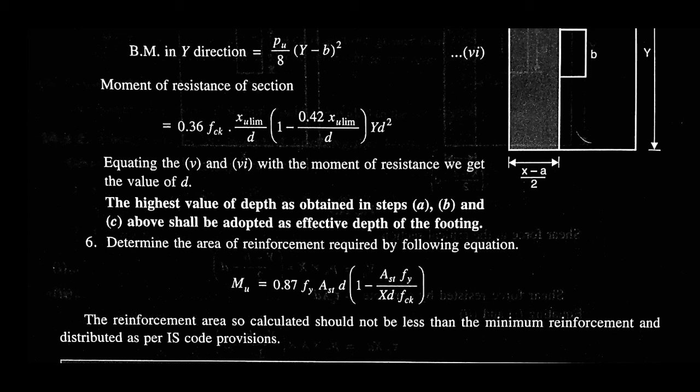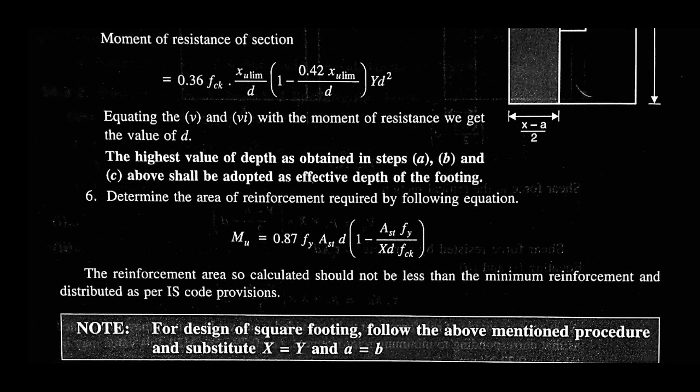The reinforcement area so calculated should not be less than the minimum reinforcement and distributed as per IS code provisions. One thing we have to note is that for the design of a square footing, follow the above mentioned procedure and substitute x equal to y and a equal to b.